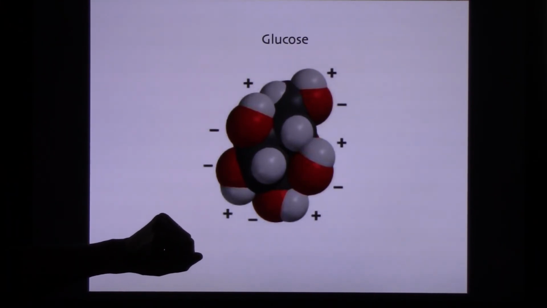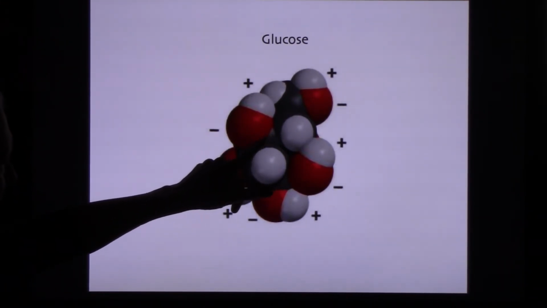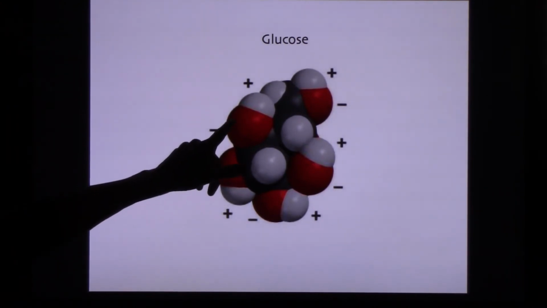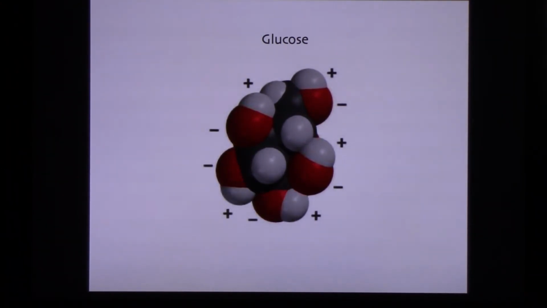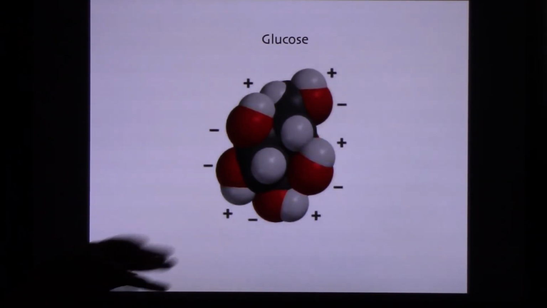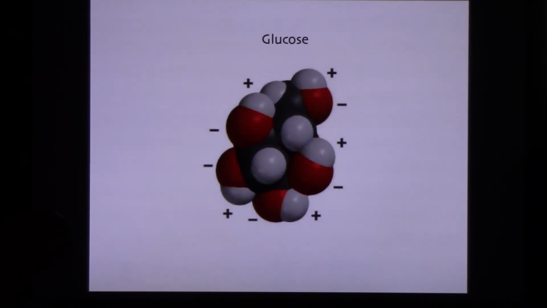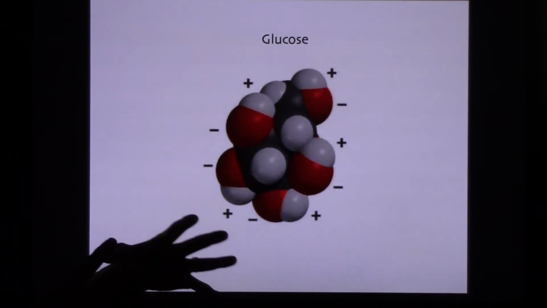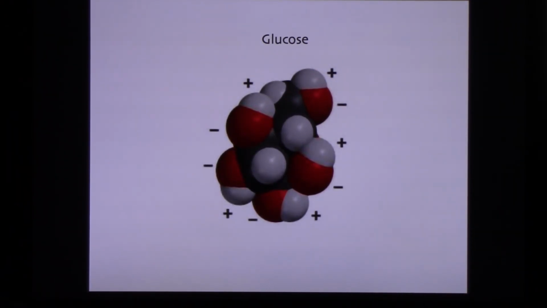There are carbon atoms in here, and there's oxygen and hydrogens. At the center of each one of those little spheres, those merged sets of spheres, is a nucleus, which can be treated as a point charge. But this space-filling stuff is the electron distributions.